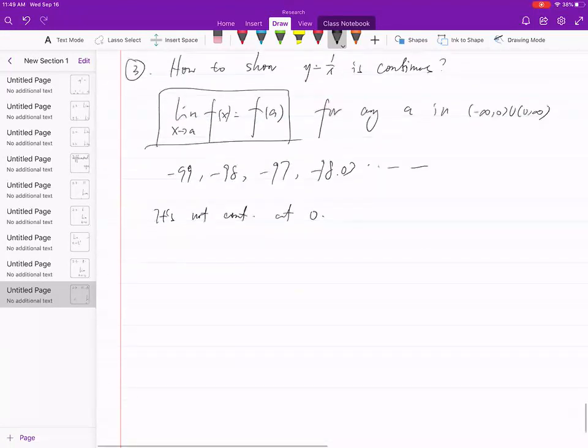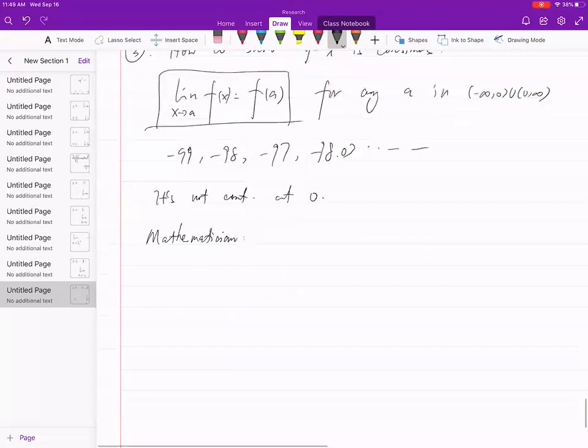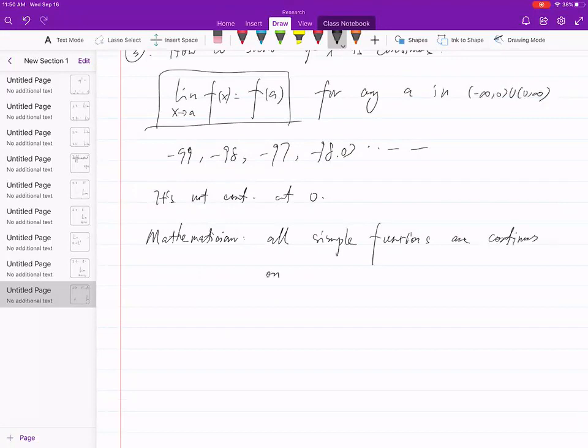Again, we go to mathematicians who have done this for you. So now you can actually use it without proving anything. That is, all simple functions are continuous on their domain.